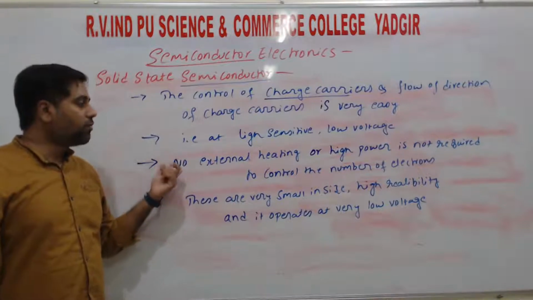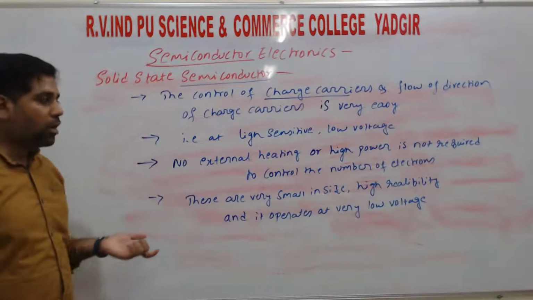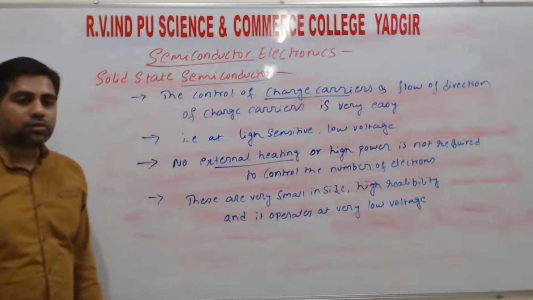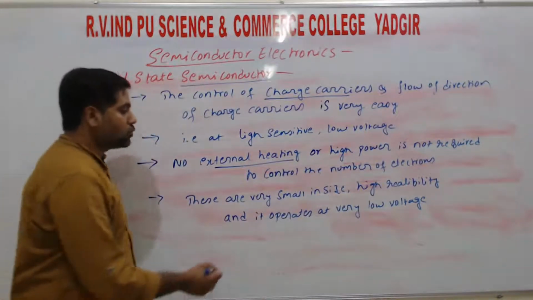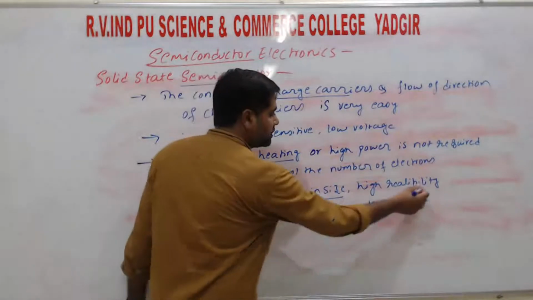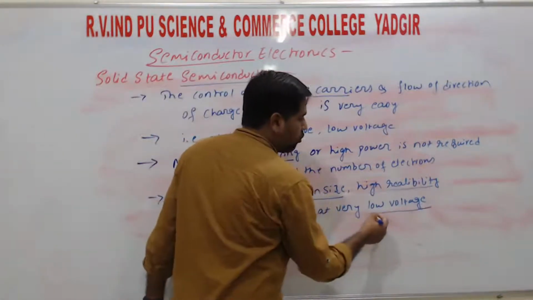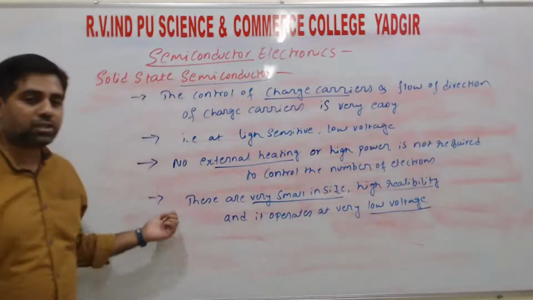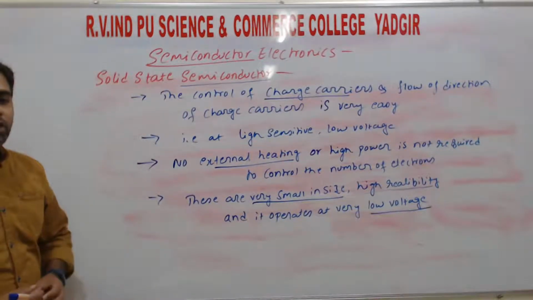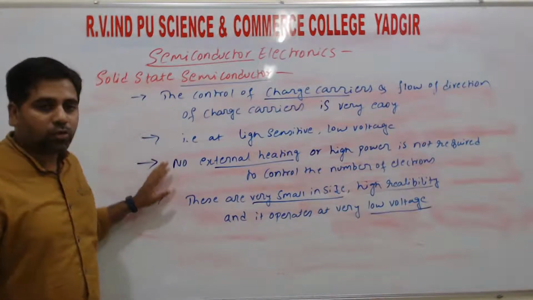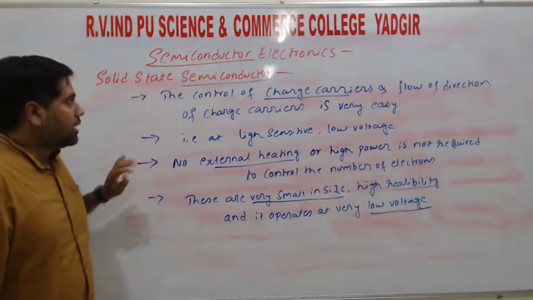There is no requirement of higher power or external heating of those solids, and they are very small in size, highly reliable, and operate at very low voltage. These are the advantages over the vacuum tubes, right? Throughout this chapter we will discuss these features.